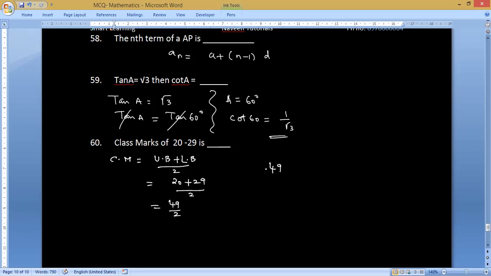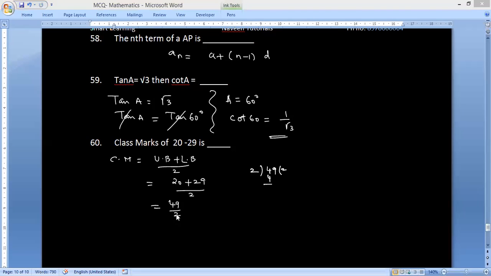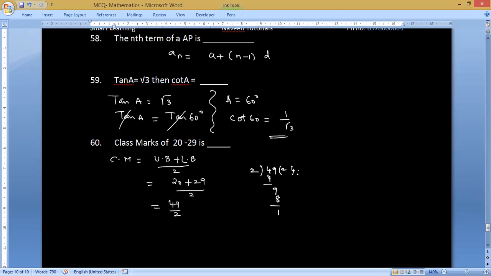Dividing 49 by 2: 2 2s are 4, then 9. Again 2 4s are 8, 1 will be left. Point 0, 2 5s are 10. So the class mark is 24.5.